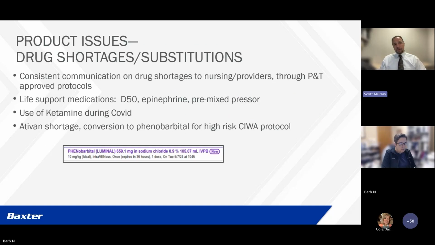So getting right into it, one of these opportunities, product shortage, product issues and shortages. Long-term or prospective, with certainly consistent communication between pharmacy and nursing and participation in P&T. This helps mitigate this on a long-term and prospective basis, but that nursing and pharmacy collaboration can also be on the reactionary side, right at that time when we start getting the heads up that we're going to get shortages on meds.